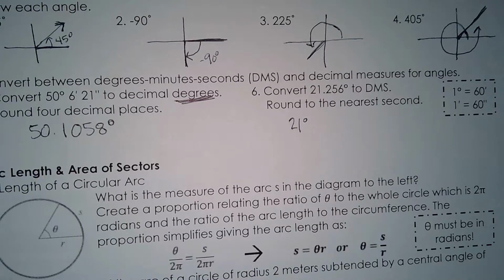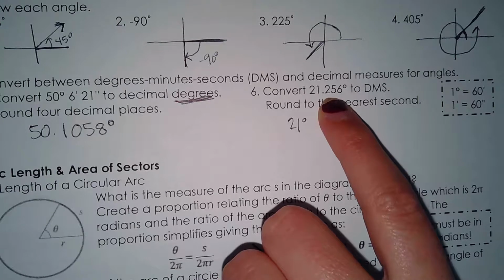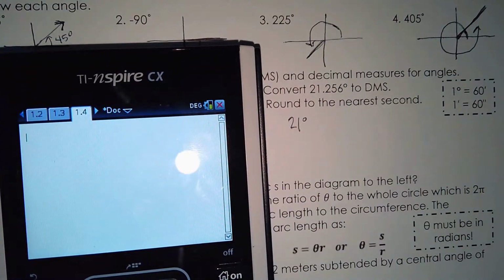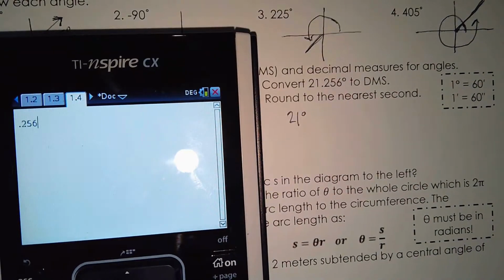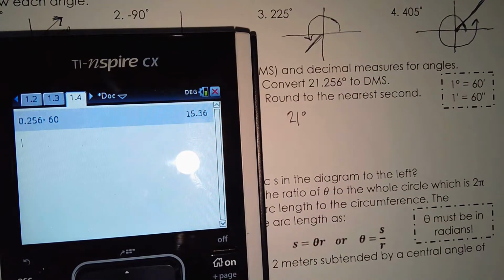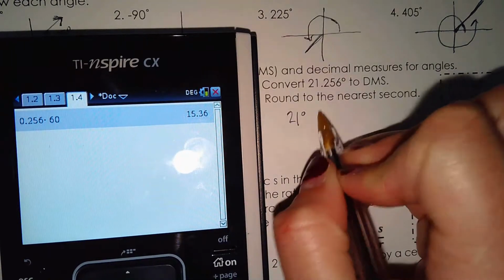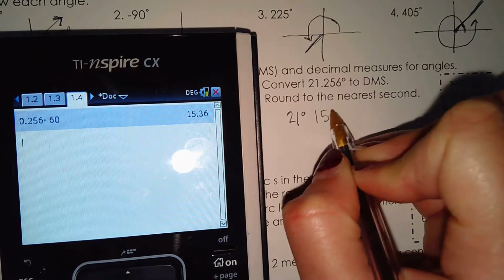Yeah, 0.256. Sorry, I said that wrong. So 0.256 times 60 gives us 15.36. So we'll take the 15 for your minutes.